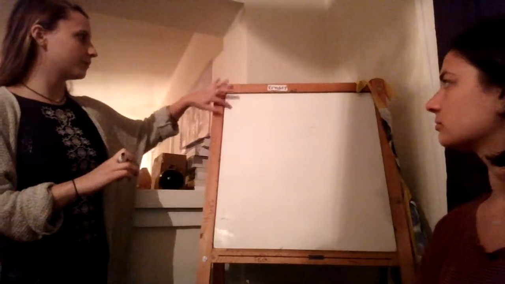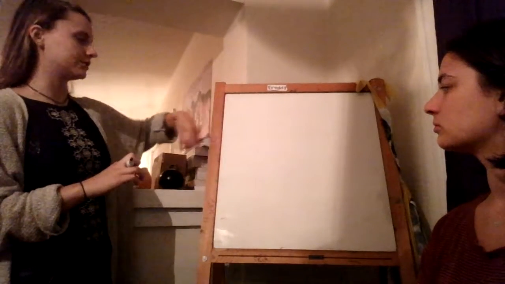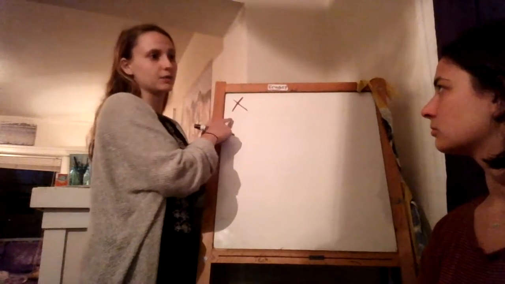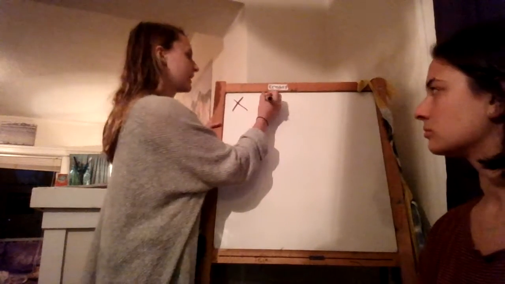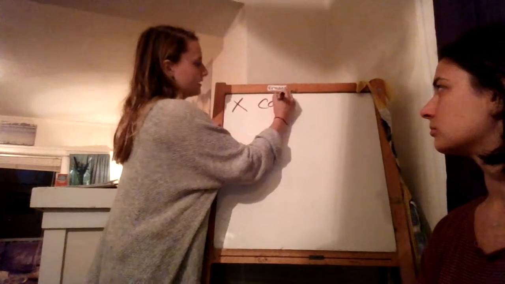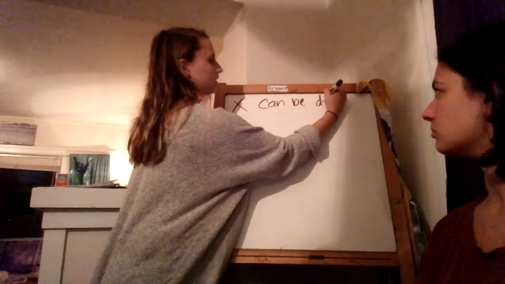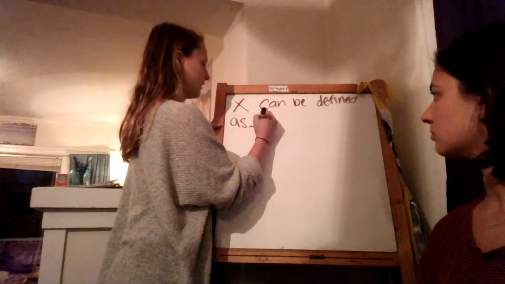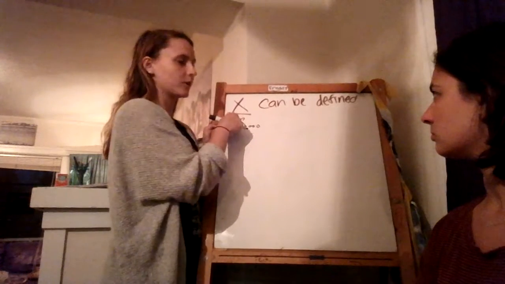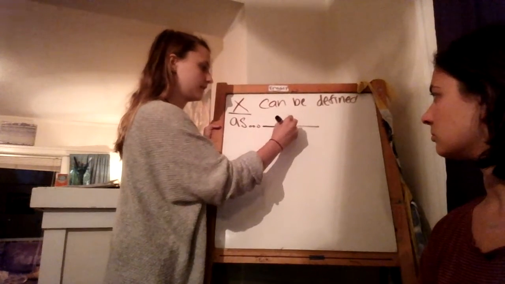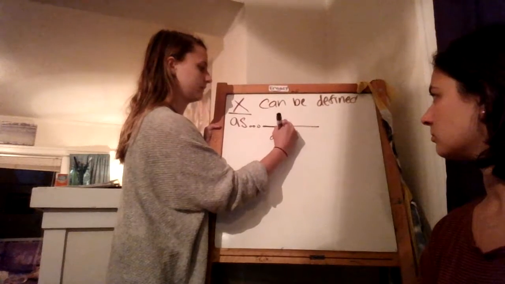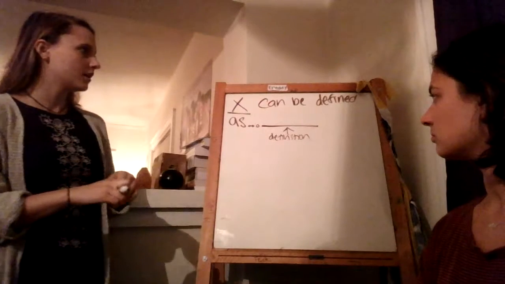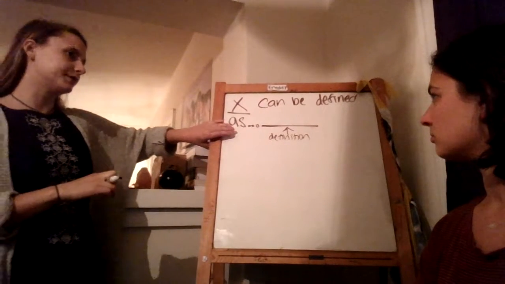So one way we can say that or introduce that is we can say X, and X is the word we're defining, X can be defined as. X is our word. This is our definition. Okay, and then this is good because this is a full sentence.